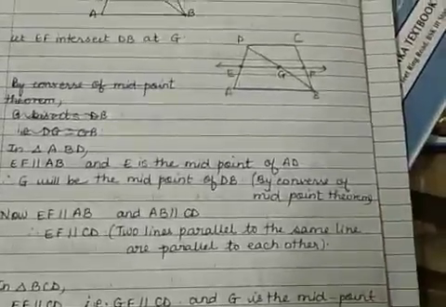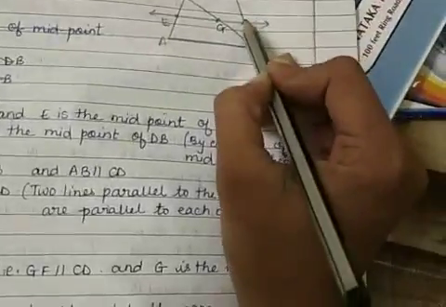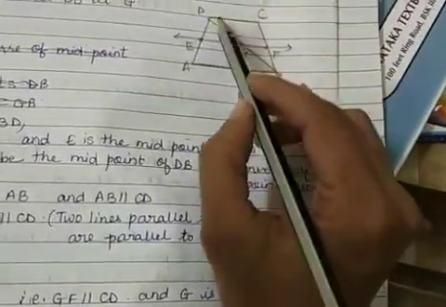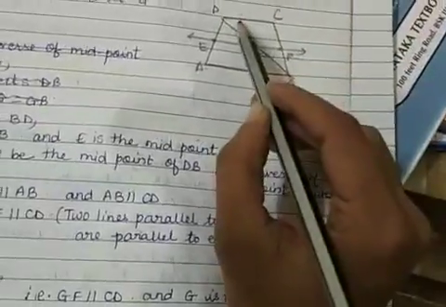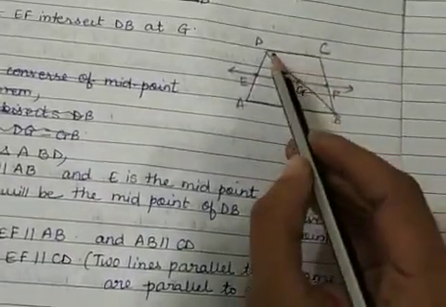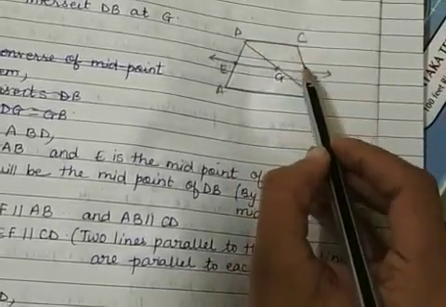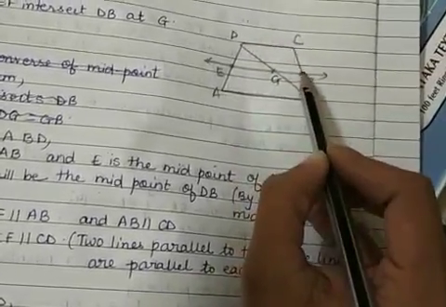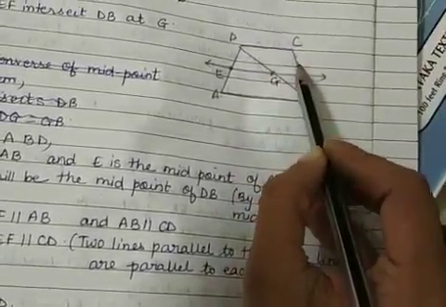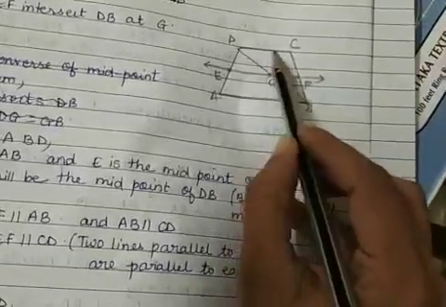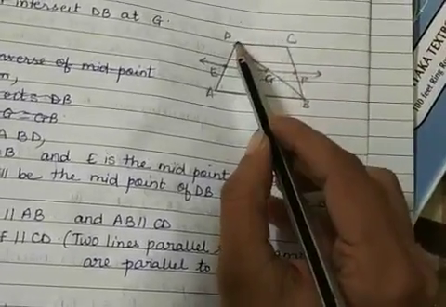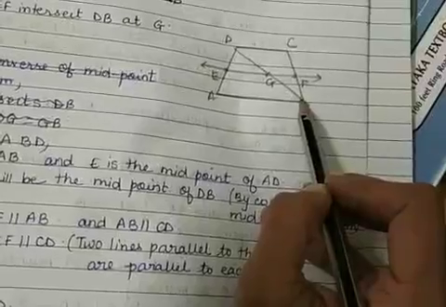Now, we have to show F is the midpoint of side BC. So again you can use the converse of the midpoint theorem, and for that we need to take this triangle, right? Because the point F is on this particular triangle. So let us take this triangle BCD.